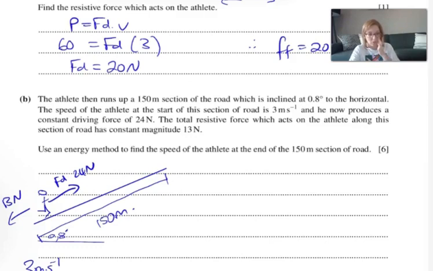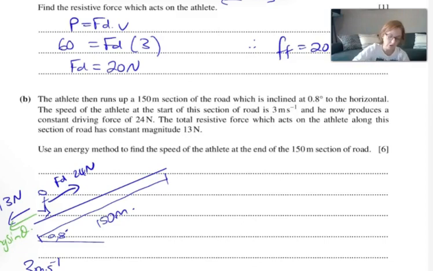And now we need to add his weight as well. Whenever you find an incline, we need weight. His weight going down. And that's different from a resistive force, okay? So 13 newtons going down, but he's also got mg sine theta going down. Okay, use the energy method to find the speed of the athlete at the end of the 150 meter section. Okay, so forget about the forces because we actually need to use the energy method.